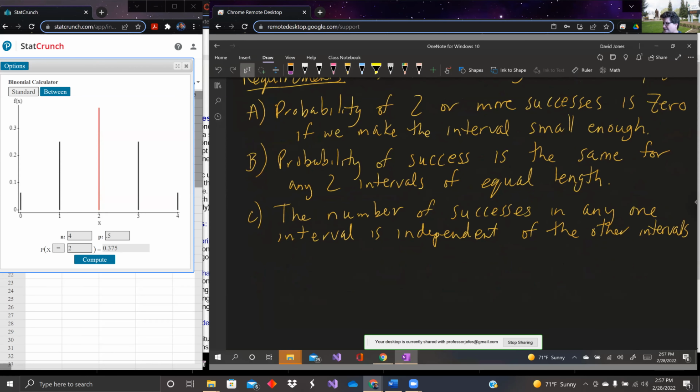And here we're obviously assuming no overlap. We don't want to do like 4 o'clock to 4 o'clock and 3 seconds as one interval, and then 4 o'clock and 1 second to 4 o'clock and 4 seconds, because there's some overlap. So the probabilities will affect each other.